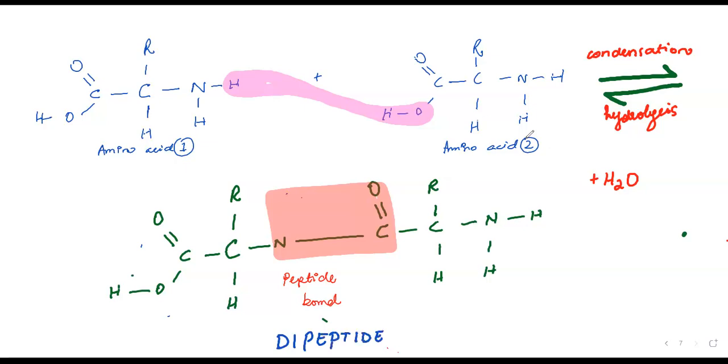Because there are two amino acids present. Now, if I continue to add more and more amino acids to it, then it will become a polypeptide, or we will call it a protein.